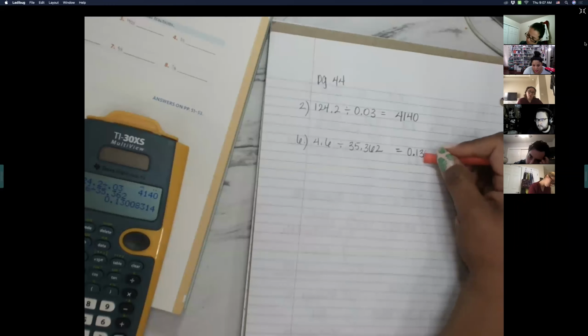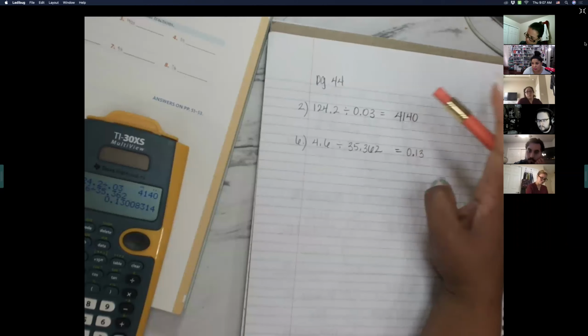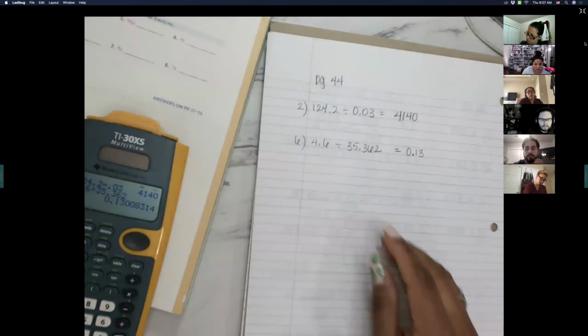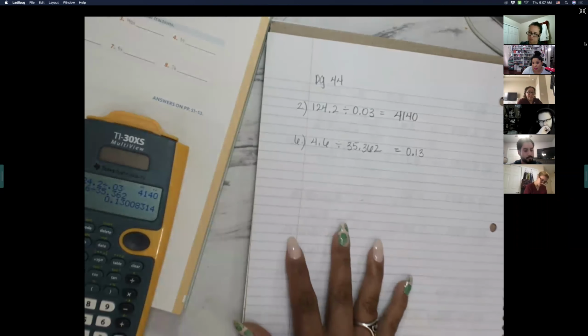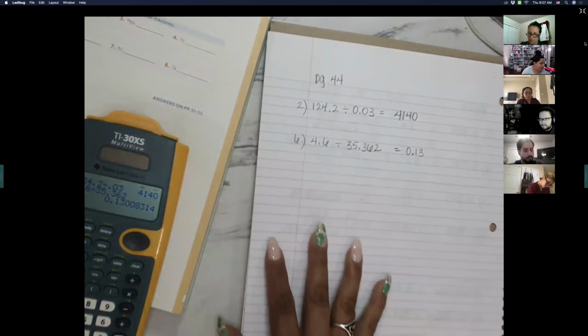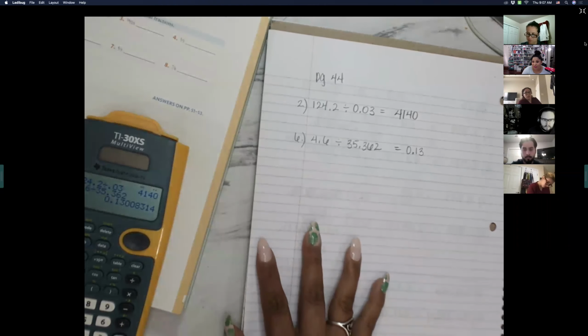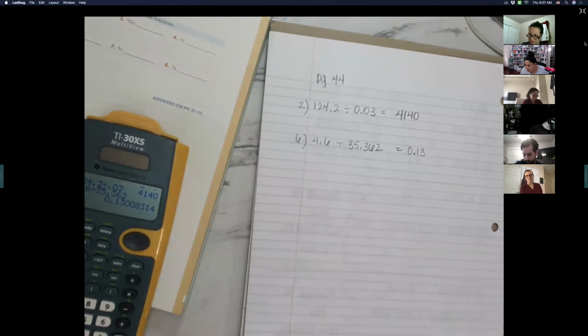Don't add in extra zeros. Technically, the value is correct, but you didn't follow the instructions exactly the way they're going to ask you in med math. And they will mark it wrong, and you're not going to be able to argue for your points back. Okay? It's just a heads up.